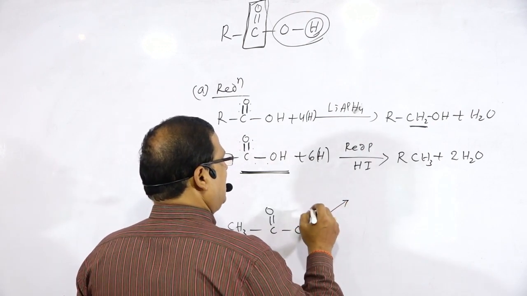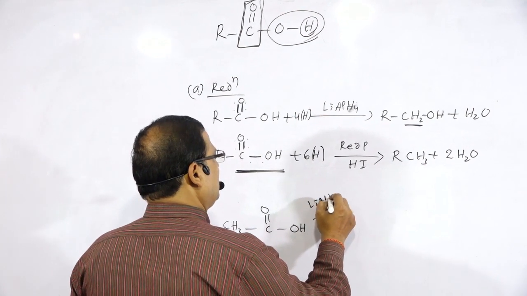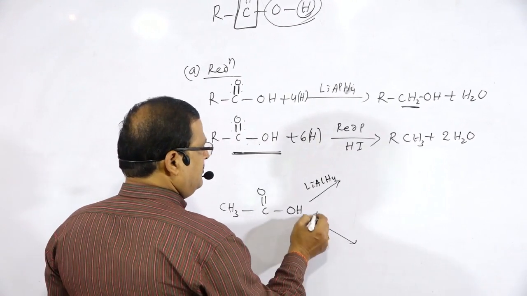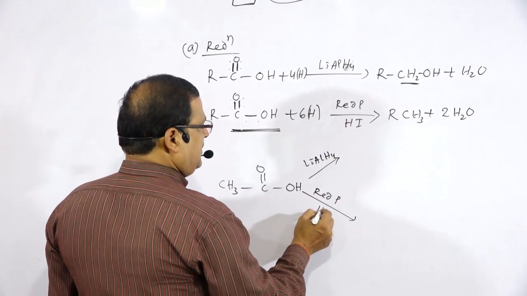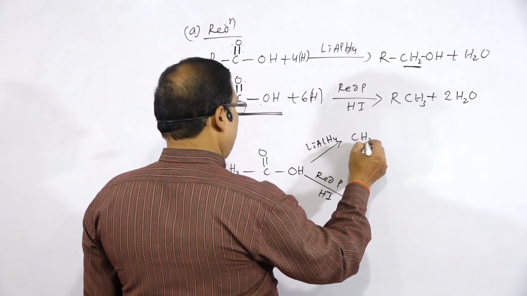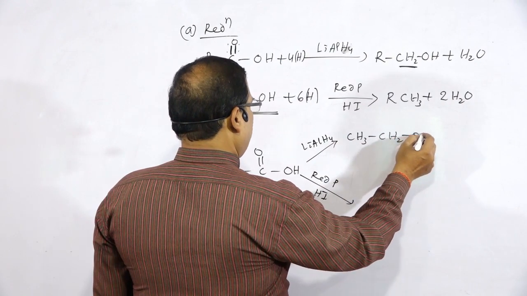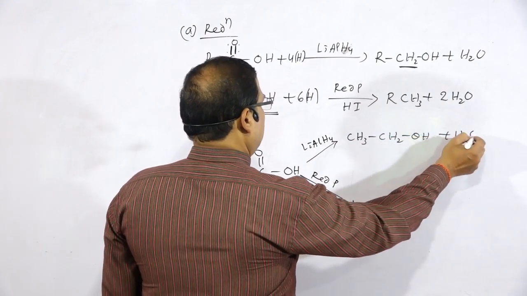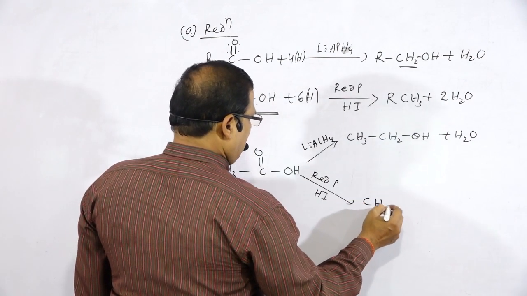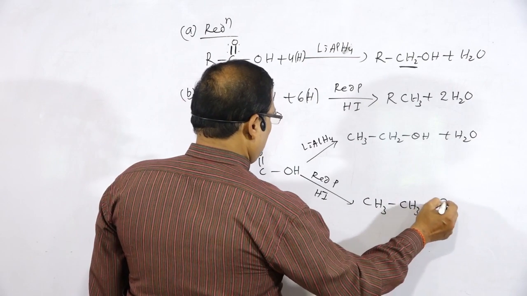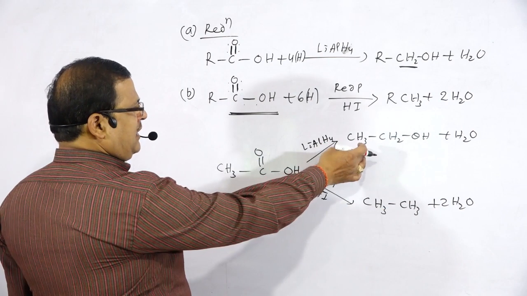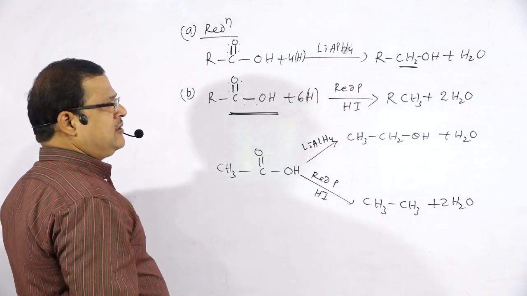It is treated with LiAlH4, lithium aluminum hydride, in one case, and red phosphorus and HI in the other. In the first case, there is formation of CH3CH2OH, ethyl alcohol. In the second case, there is formation of CH3-CH3 plus two molecules of water, that is alkane ethane. In this case the primary alcohol, ethyl alcohol, and in this case ethane.